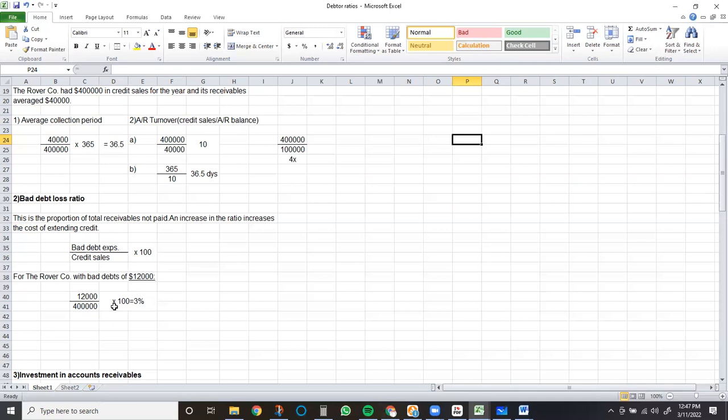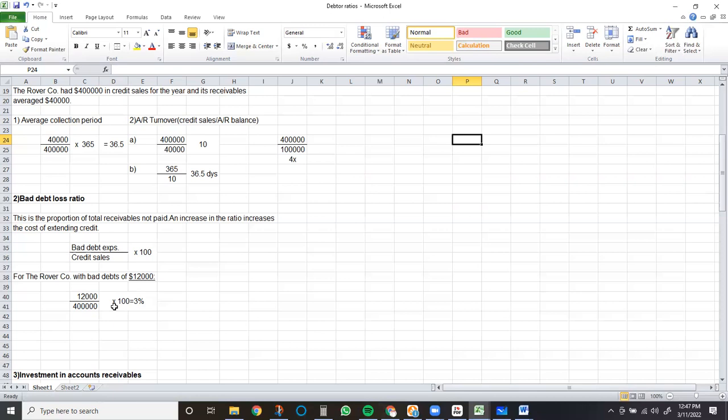And from the existing batch of customers, there's a 3% bad debt loss ratio. So the existing customers have been taken care of already. And what that means, therefore, is that the reason why that went to 6% is mainly because of the incremental new customers that come in.